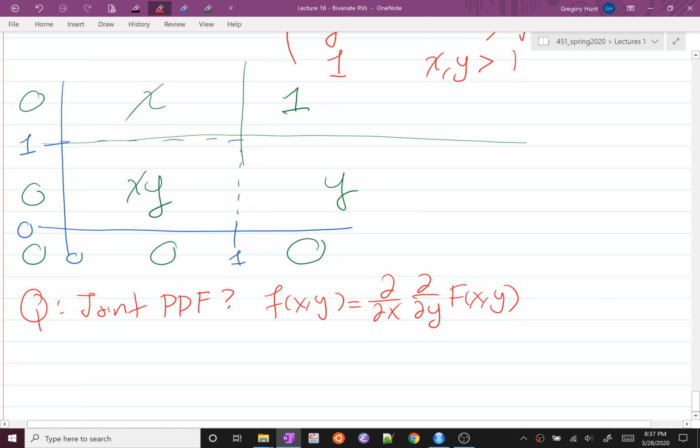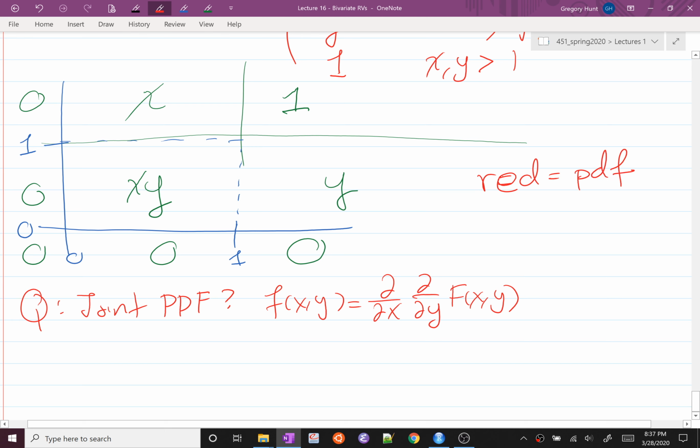I can take the partial with respect to x, and then the partial with respect to y of the joint CDF, or reverse, the partial with respect to y, then the partial with respect to x. And so let's write the values here in red. So red equals joint PDF.